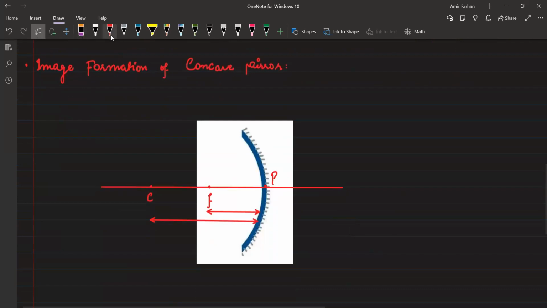So the first case that we use to form what kind of image is formed by the concave mirror is basically when your object is at infinity. Clear? Your object is placed at infinity. Am I clear to all of you? So that is the at infinity case.